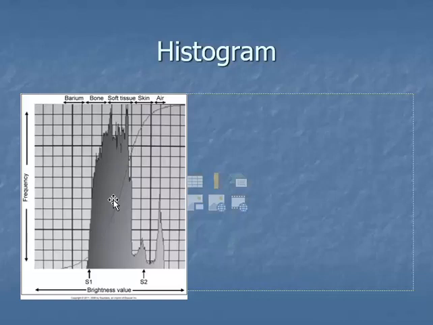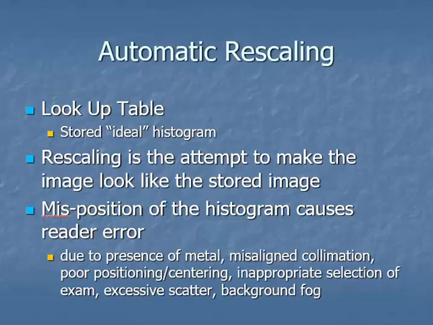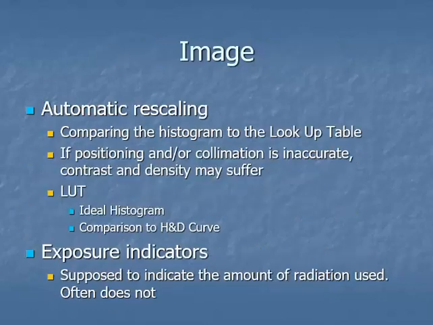It's showing you what you tell it to show you, even though your technique was completely inappropriate. Excessive scatter radiation and background fog can all affect your automatic rescaling. Again, automatic rescaling is comparing the histogram to the lookup table, and if any of that is inaccurate, then you may have an automatic rescaling error.